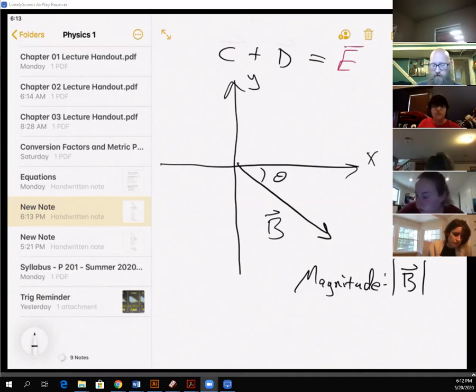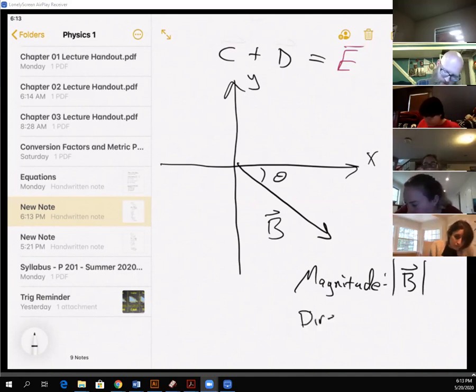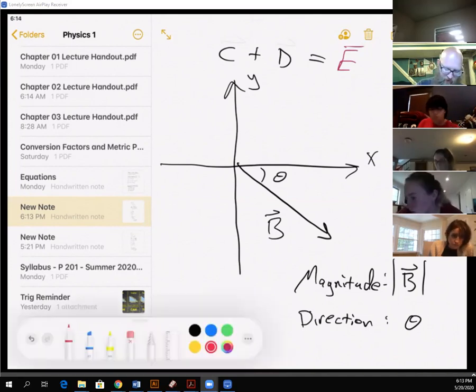It points to the right, which is a positive direction, but down, which is a negative direction. But the magnitude of a vector is always positive. It's just saying how big it is. And then the direction is that theta. I could either call that a negative angle, or I could say it's some angle below the positive x-axis.